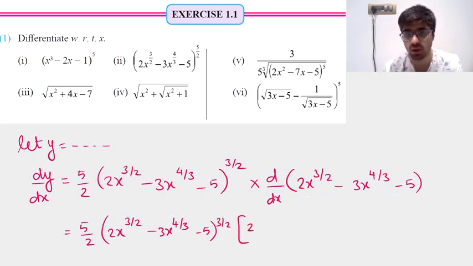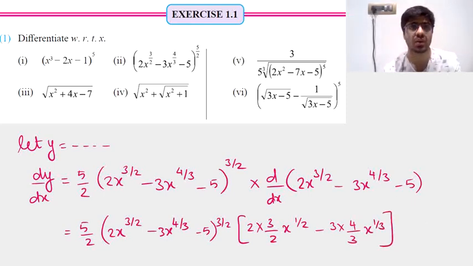That will be 2 into 3 by 2 x power half, minus 3 into 4 by 3 into x power 1 by 3, and a minus 0 here. You can cancel a 2 with 2 and a 3 with 3, and whatever is left over is the final expression for dy by dx.